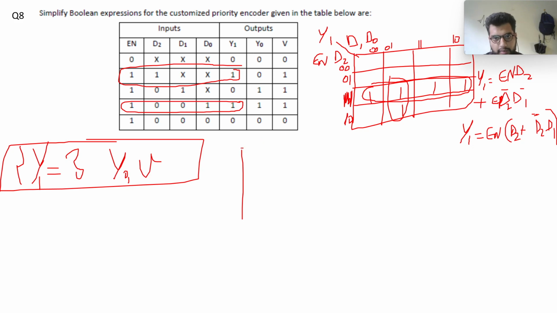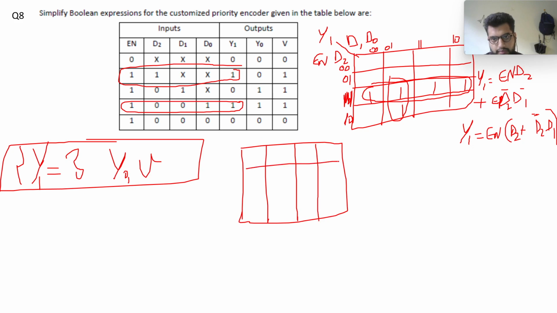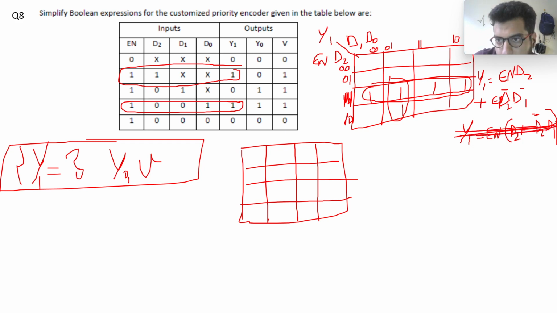Let me just draw the K-map first. So yeah, this is y1 is equal to this term. This is wrong. This is en, this term coming from the pair.